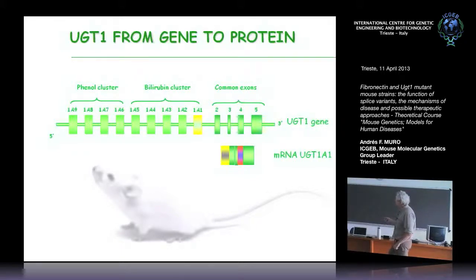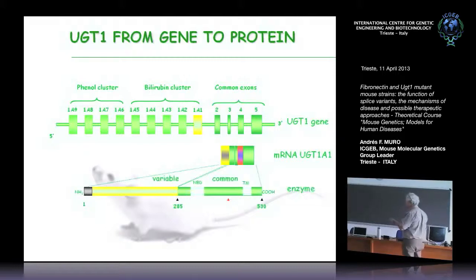This is the common part, and this is the specific part for the different substrates. So there's a phenol cluster and a bilirubin cluster, and each one confers specificity for the different substrate. And in the case of bilirubin, this is the only gene that is capable of metabolizing bilirubin.